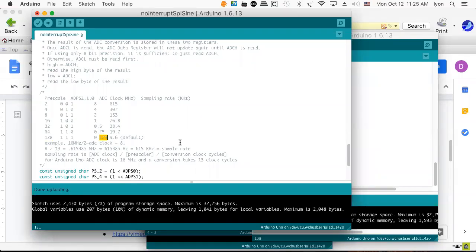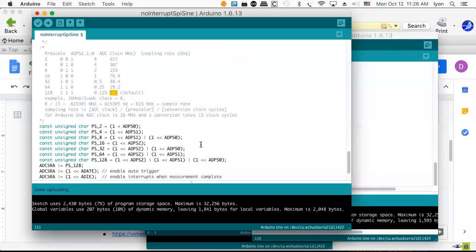If I take that 125 kilohertz and divide by 13 cycles per conversion, I get 9.6 kilohertz, which is a nice slow rate for something like the diddle pot that you plan on turning, because you're almost certainly not going to turn your diddle pot at 9.6 kilohertz.